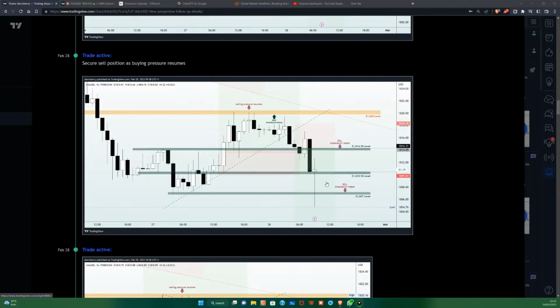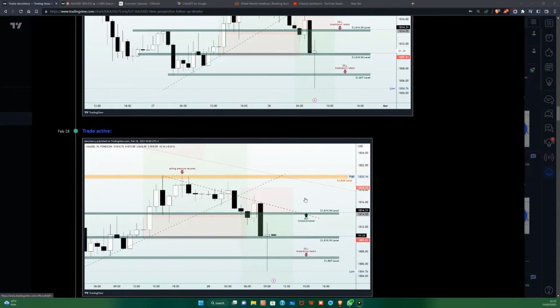We saw a sharp rejection of the 1,807, further confirming the strength of the buyers around the 1,807. At this point we decided that if the buy pressure continues, in such a way that price action finds it difficult to make a new low, then we shall be anticipating a buy position. What we did afterward was quite interesting.